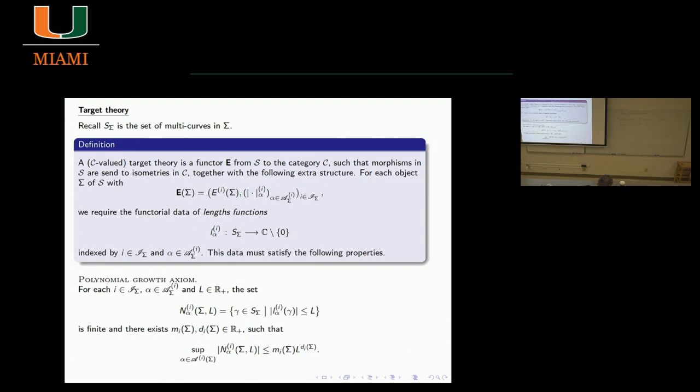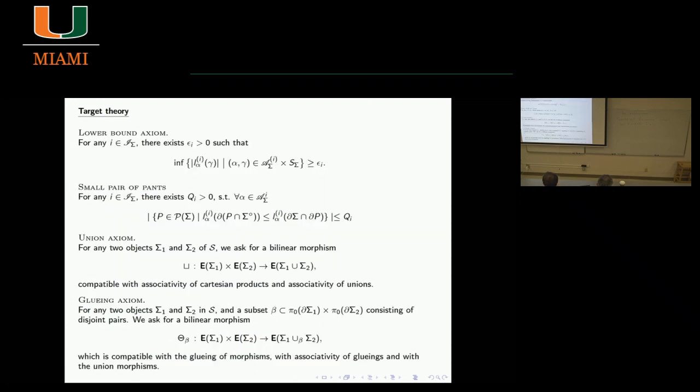No, by no means. For example, all of these axioms here, the polynomial growth axiom and these two axioms here, are satisfied for Hitchin's higher components. So if you look at SL_n(R) and you look at the spectral radius of the holonomy along a simple closed curve, then that satisfies all those three.